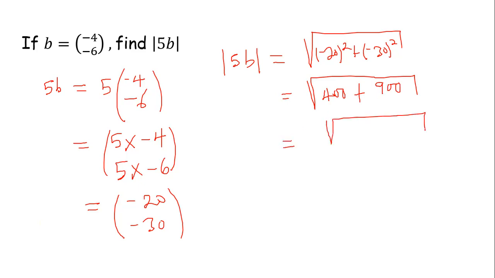And finally, this gives a root of 1,300, and that gives us 36.0555 to 4 decimal places.